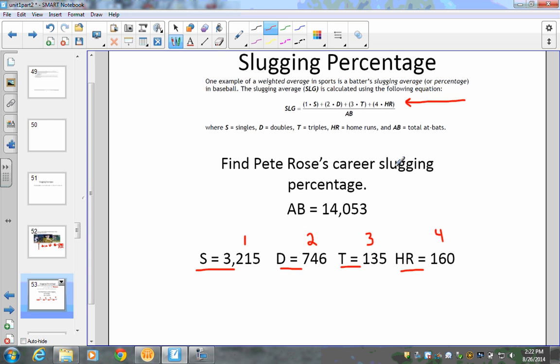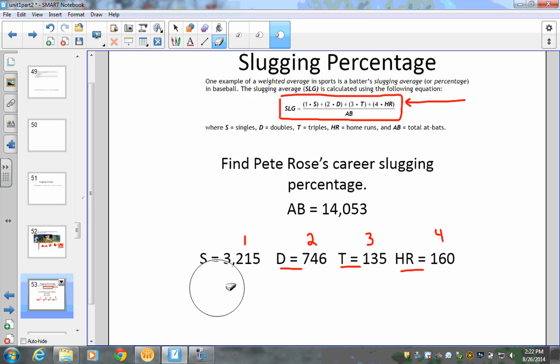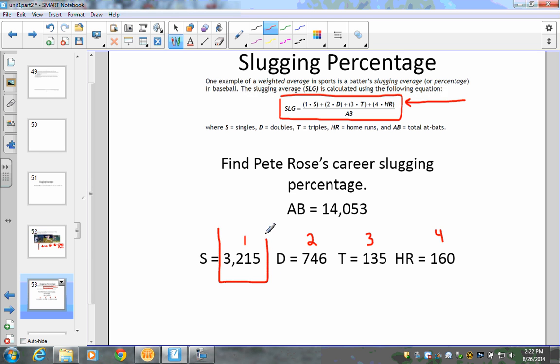Okay? And notice the way this formula is set up. Let me clean this up a little bit just because we don't want too many stray marks here. What we're going to do is take the 1-pointer and multiply by the number of singles.